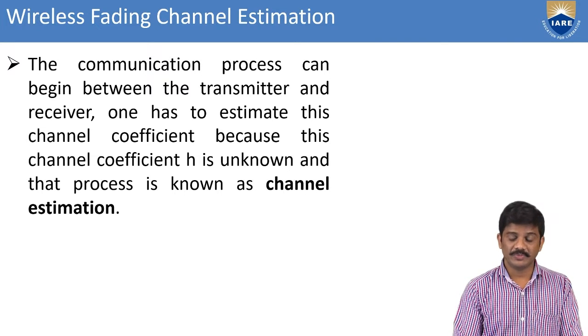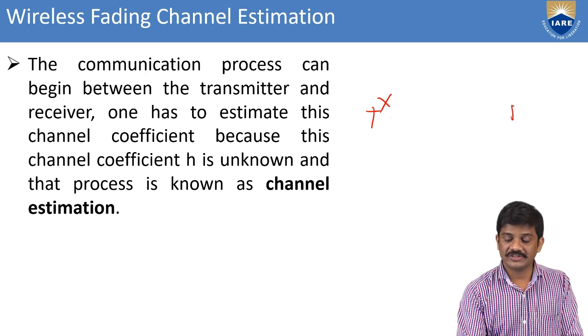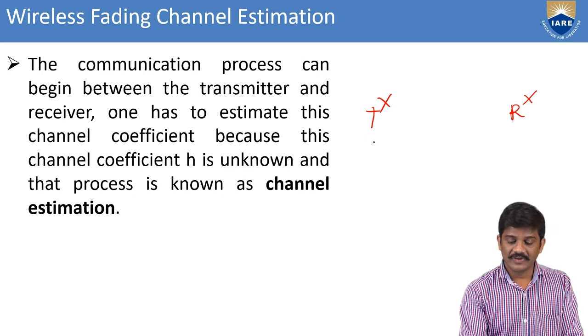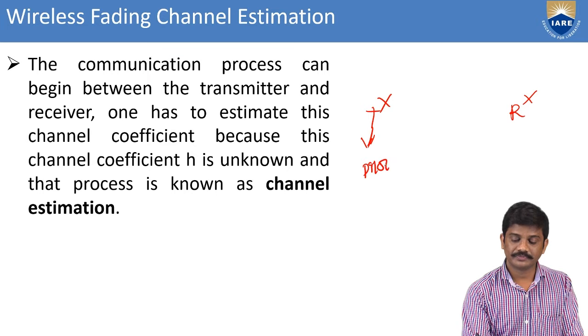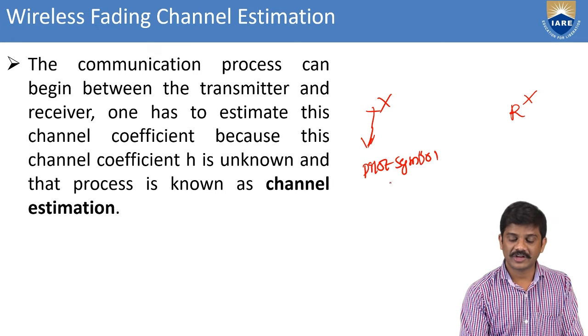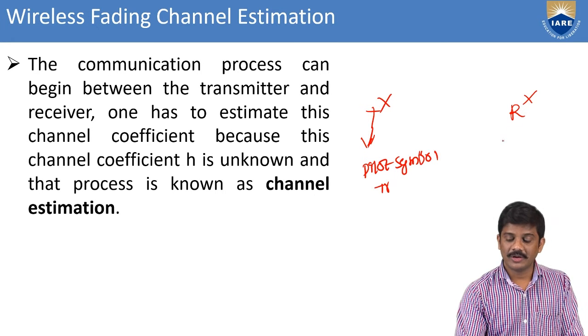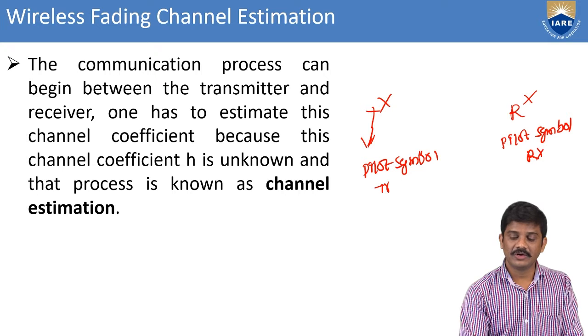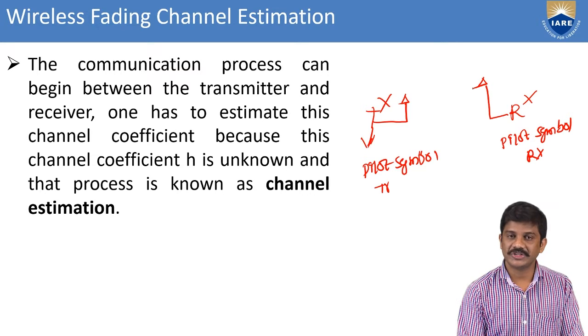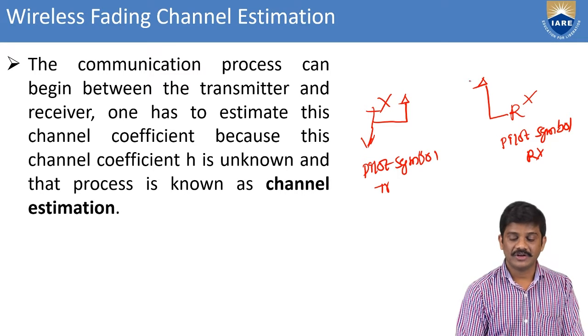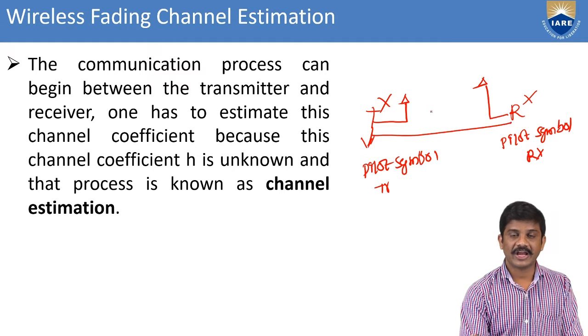How can we find the channel estimation? This is a transmitter and this is a receiver, and we have pilot symbols. The main concept of today's class is the pilot symbols in the transmitter section and the pilot symbols in the receiver section. Here in the transmitter we have the transmitter antenna, and in the receiver we have the receiver antenna. In between the transmitter and receiver we have the channel.